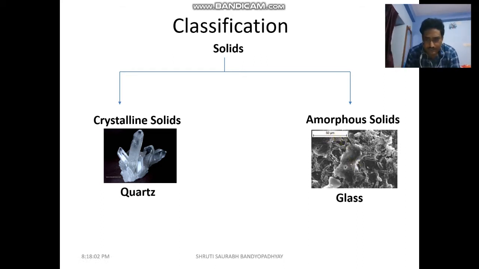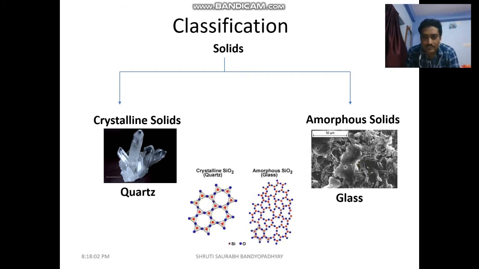you will be surprised to know that both quartz and glass are chemically the same compound, that is silicate polymers comprising of silicon and oxygen atoms. The red balls are silicons and the blue balls are oxygen atoms.